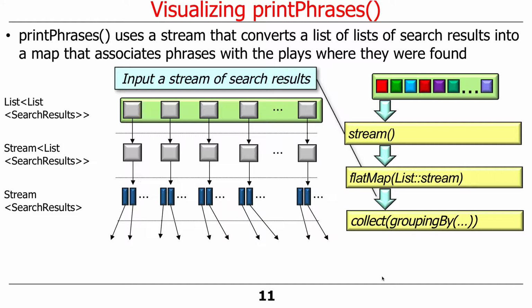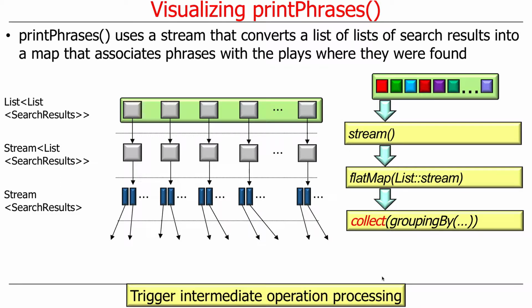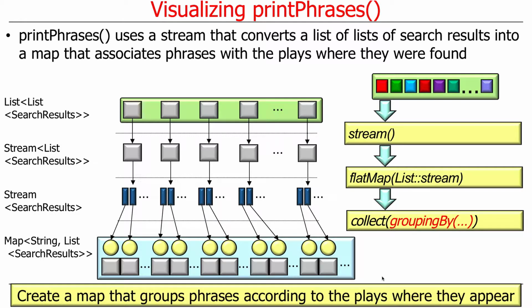And then the last thing we do here, which is really super cool, is we use the collect reduction operation in conjunction with the groupingBy collector in order to collect the results in a clever way. And the way we're going to do it is we're going to end up triggering intermediate operations and then collecting the results into a map of strings, the titles of the Shakespeare plays, with the list of search results that correspond to that particular title.